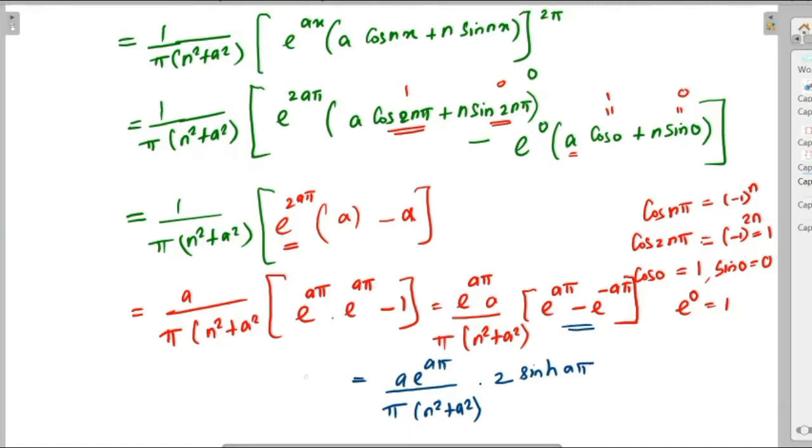So this is for an. An equal to 2a e power a pi by pi into n square plus a square. Next one, bn.